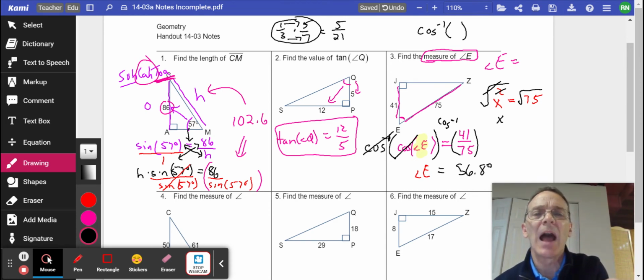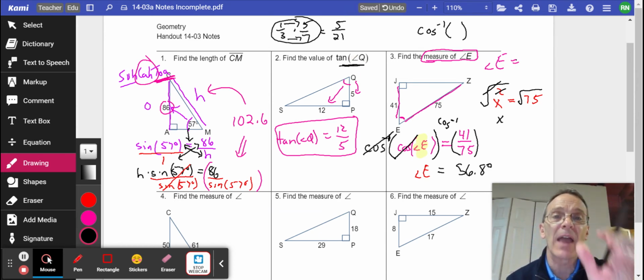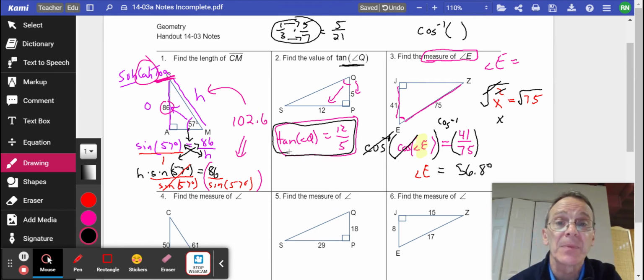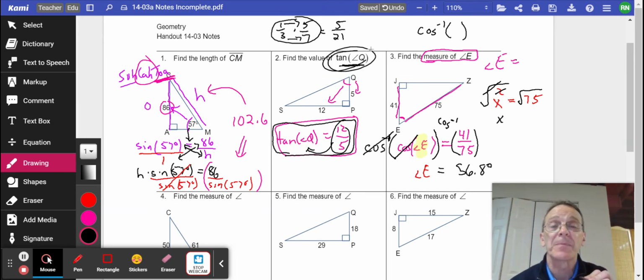In number 2, I did not ask for the measure of angle Q. I asked for the tangent of angle Q. And once we wrote an equation that said tangent of angle Q equals this, we were completely finished because we've written here the value of the expression that I asked for.